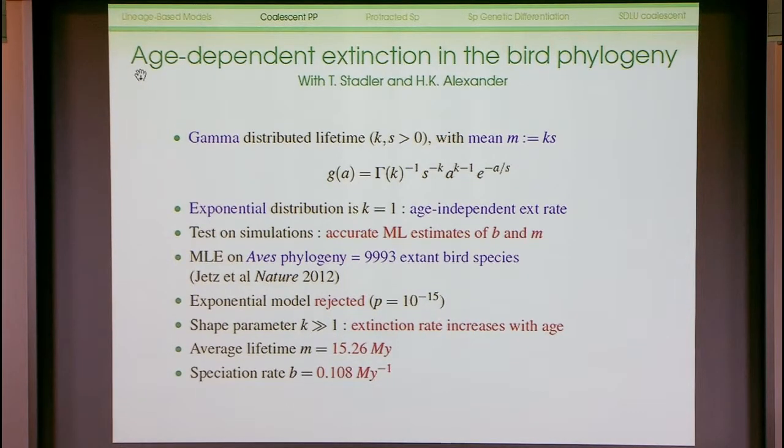It increases with age according to this inference. The average lifetime of bird species was computed to be 50 million years, and the speciation rate to be 0.1 per million years. So that was just a toy inference on one phylogeny for one class of models where speciation rate is constant and extinction rate is age dependent.